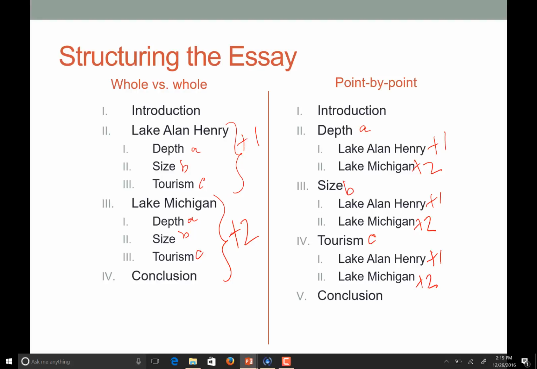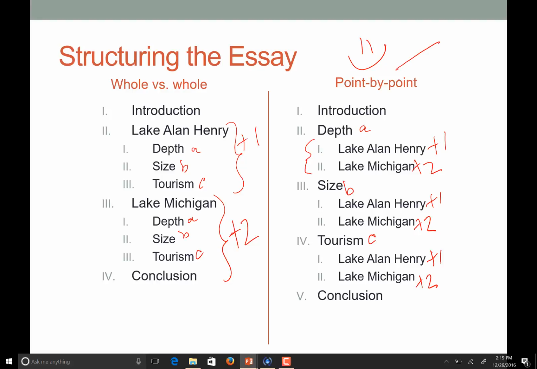Now, when I write a compare and contrast essay, this is the structure that I like to use because it's really, really obvious to the reader that you are comparing and contrasting two things, because this will be in the same paragraph. So you're going to talk about depth, and then you're going to talk about both of your subjects, and there's no way really for your reader to get away from the fact that you are comparing and contrasting.